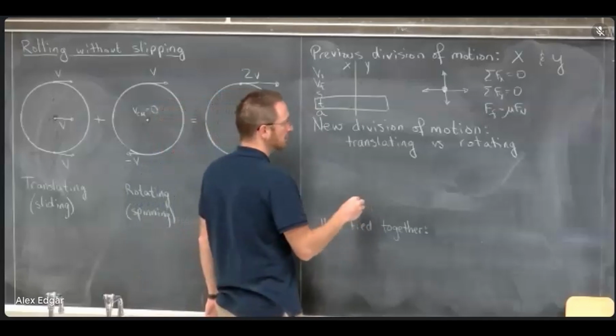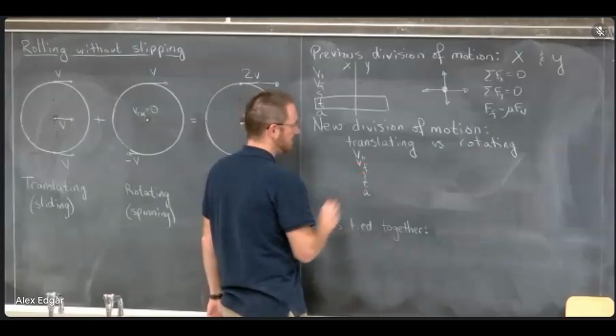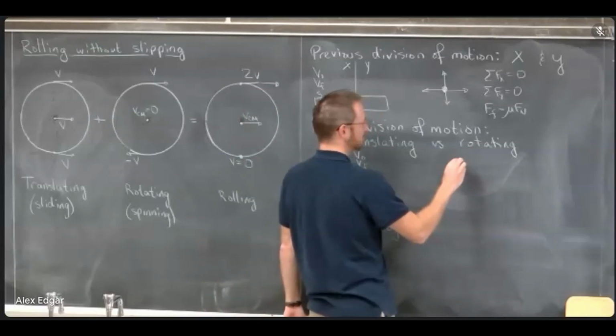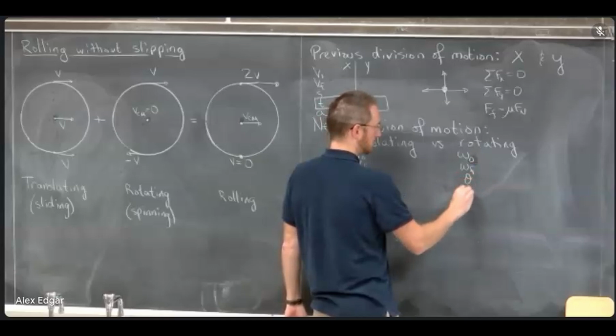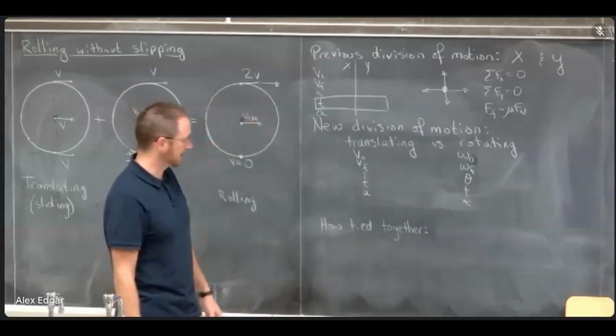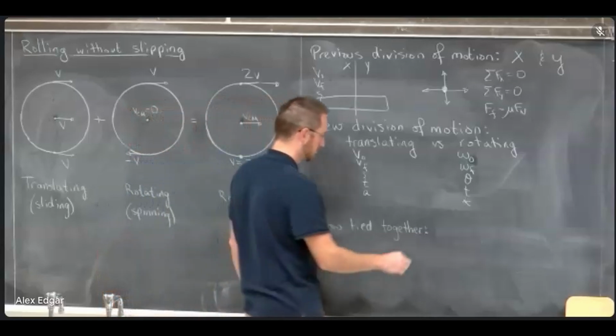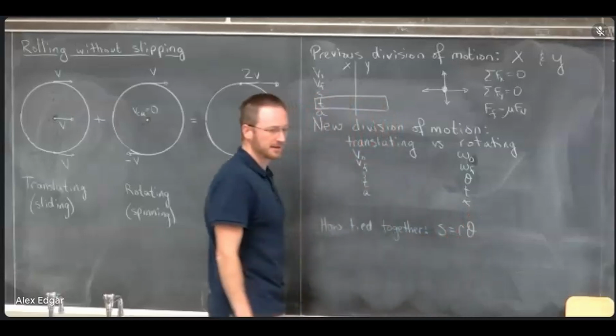So we would have the linear version, and we would have the angular version, and now they're going to be tied together by the arc of a circle.